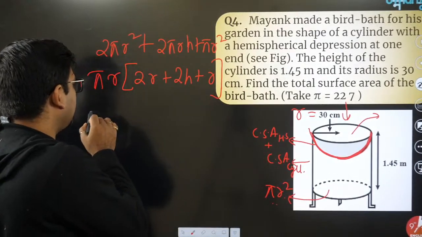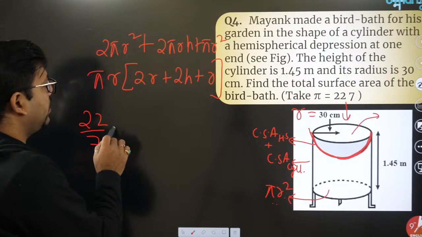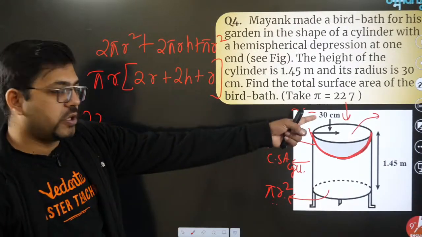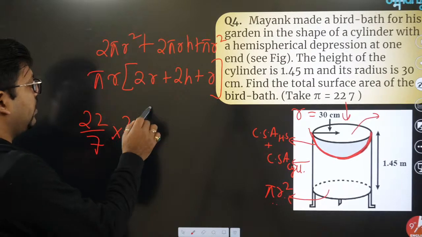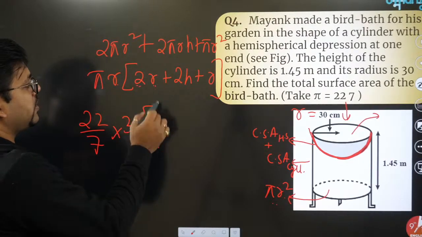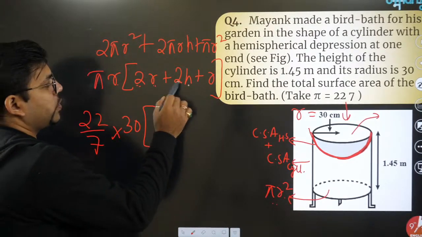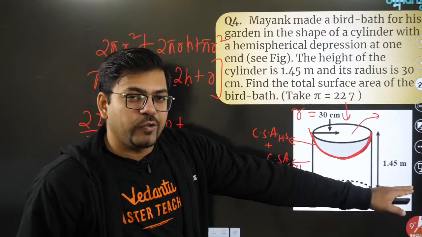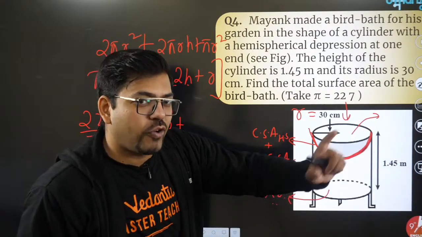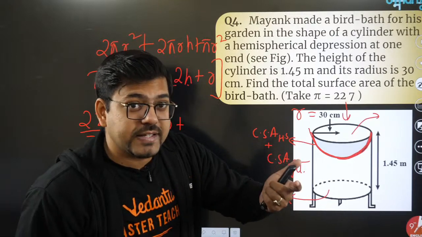Pretty simple, pi is nothing but 22 by 7. Radius is given here, 30. So just put that value 30. And then in bracket 2 into 30, 60, plus 2 into h. So h is 1.45 meters, that is 145 centimeter if we are taking everything in centimeter.